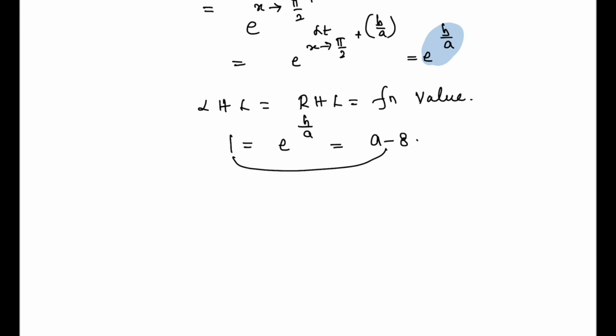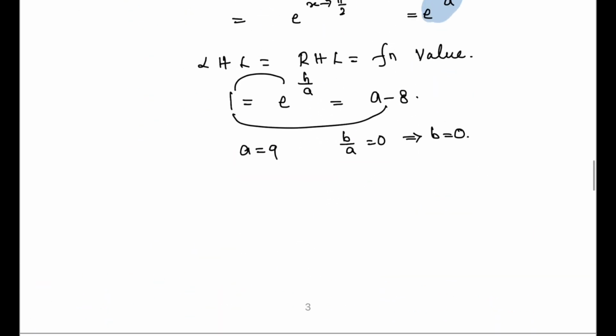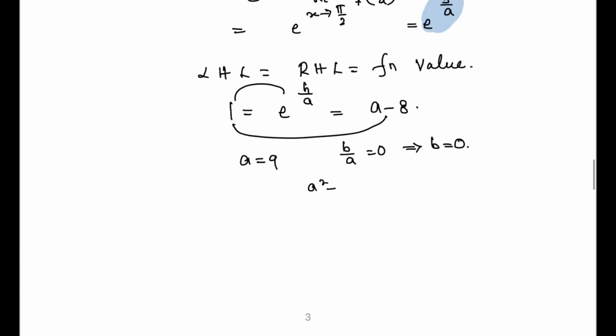If you compare these two, you get a is equal to 9. If you compare the other two, e power 0 is 1, so b by a should be 0, meaning b should be 0. The question is finding the value of a square plus b square. So a square plus b square is 9 square plus 0 square, which equals 81.